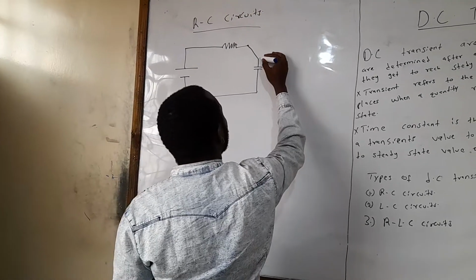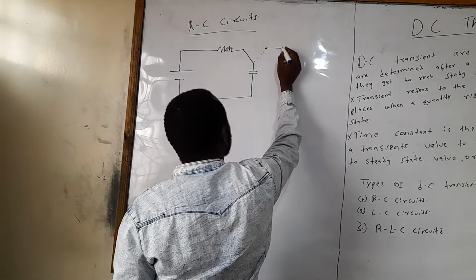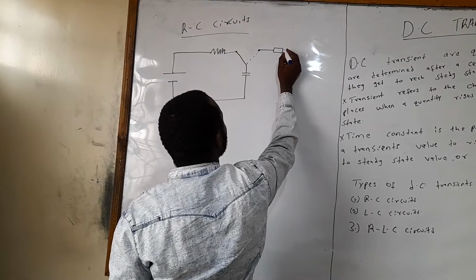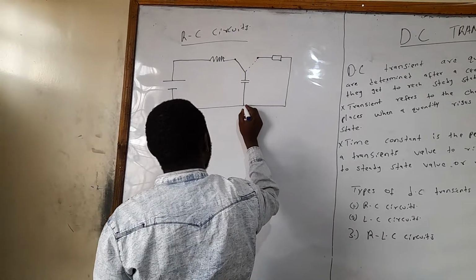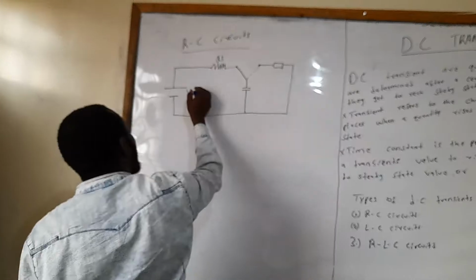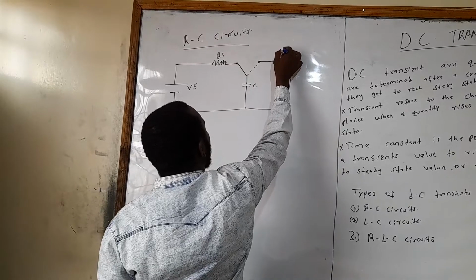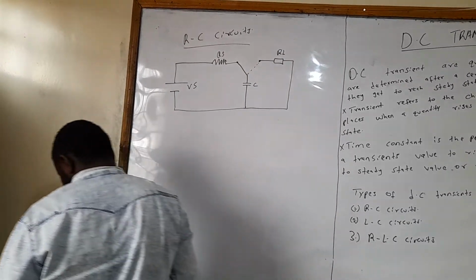And then this is a switch. And then here we have our resistance. This one is our Rs, V of s. And then this one is our capacitor. Then this one is our R of L.